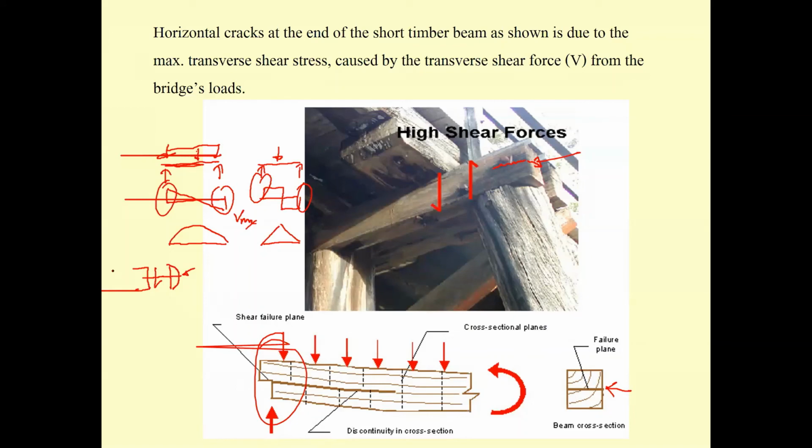In the wood, we will have the grain in this direction, and then the stress element of this is going to be something like this. This one cannot cut across the grain of the wood. The crack is due to this one. So when the crack is due to this one, the crack is always in the longitudinal direction of the beam.